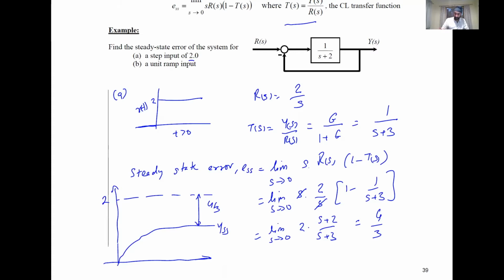Or I can describe that y_ss is equal to 2 minus 4 by 3, so basically equal to 2 by 3.